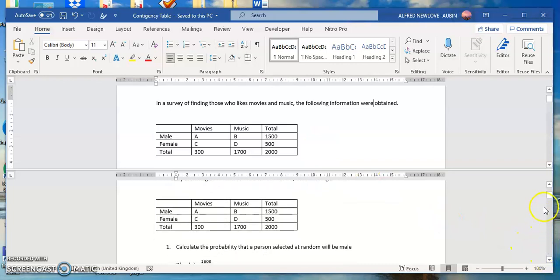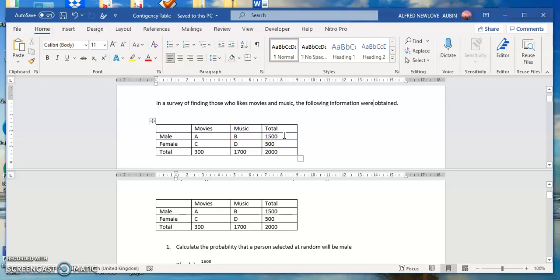So let's look at the first question. It says, calculate the probability that a person selected at random will be male. If you check, this is male and the total of male is 1,500.